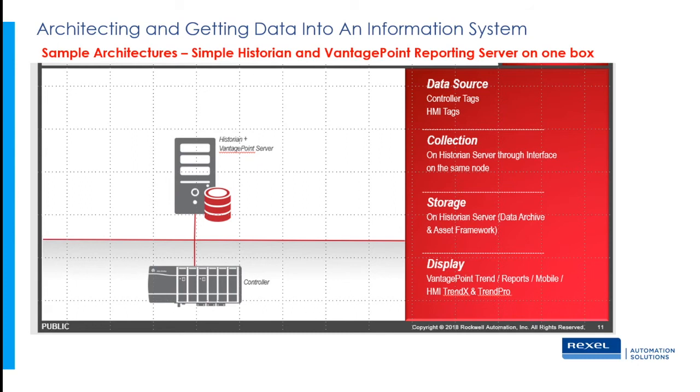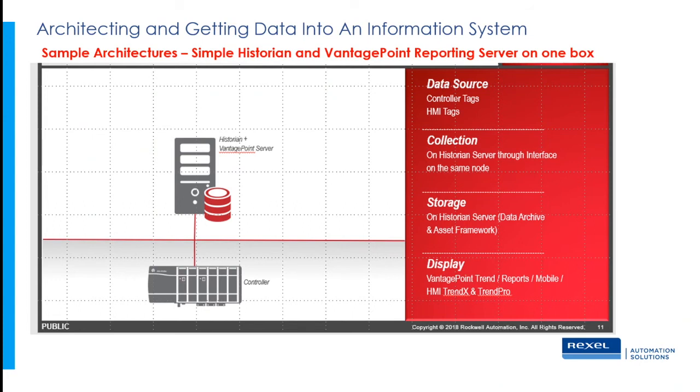This first architecture talks about Historian and Vantage Point here on one server box. I highly recommend you virtualize. We have virtual templates for both Historian and Vantage Point. If you didn't realize that, we have what's called PlantPAx virtual templates that can be purchased.